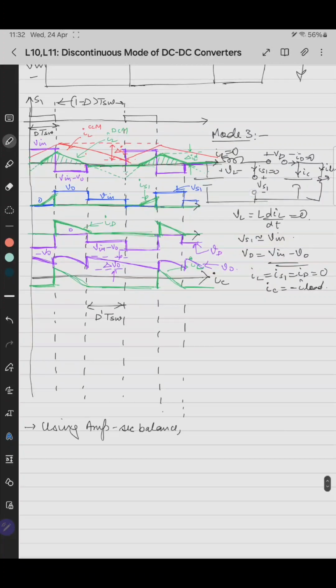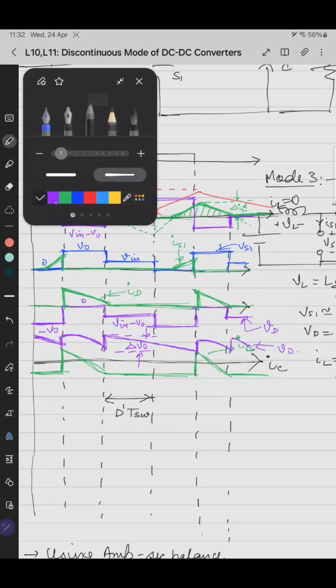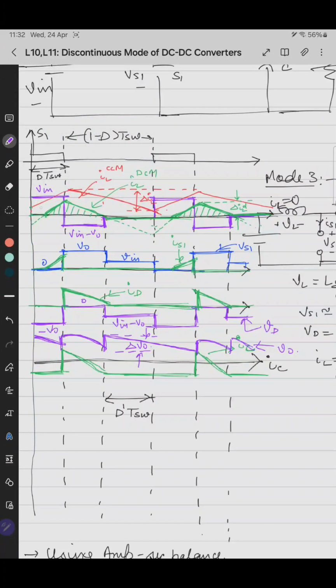Amp second balance for this. So this area will be A1, this area will be A2, and this area will be A3. So A3 basically has no area here like this.